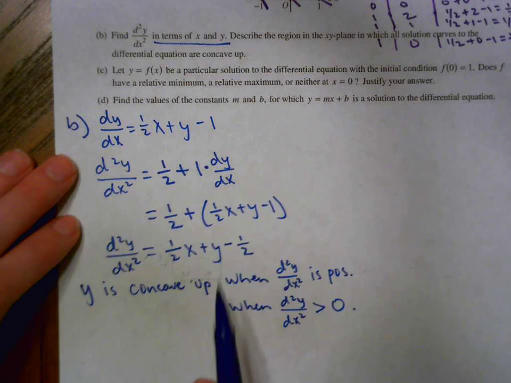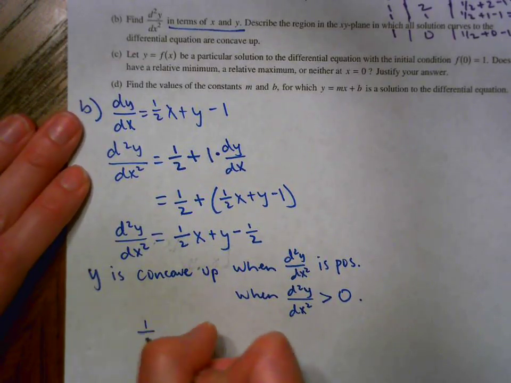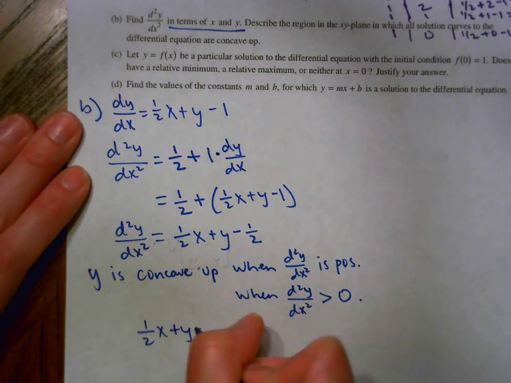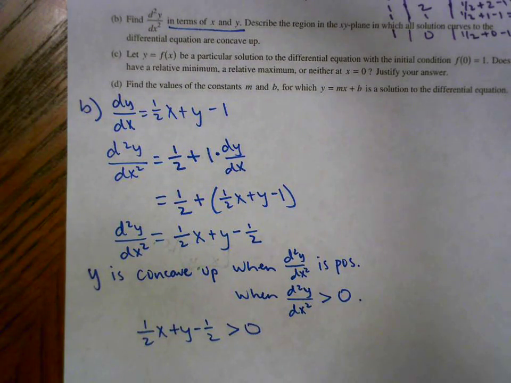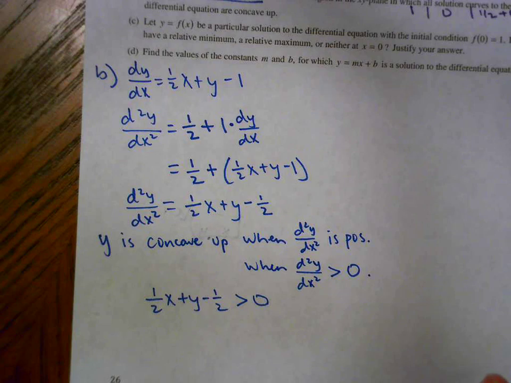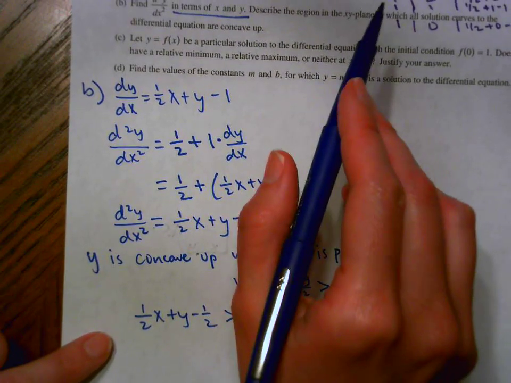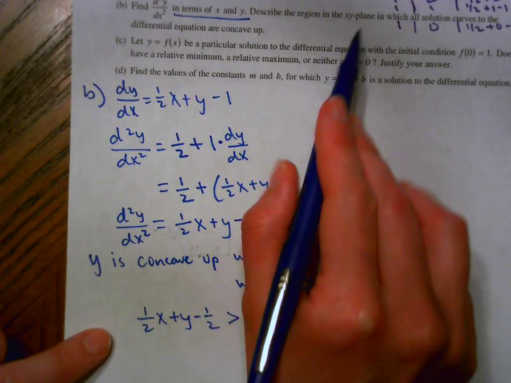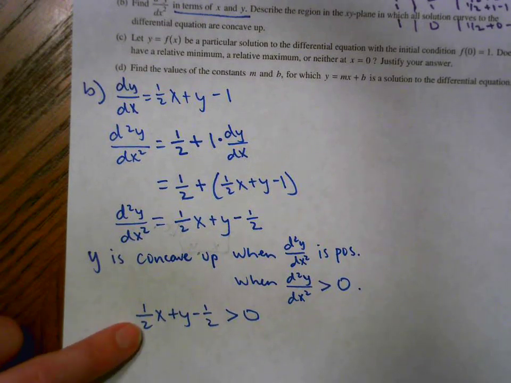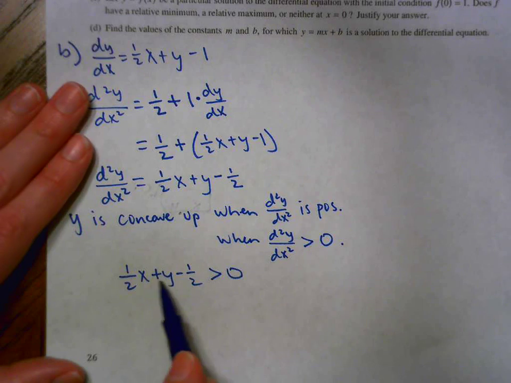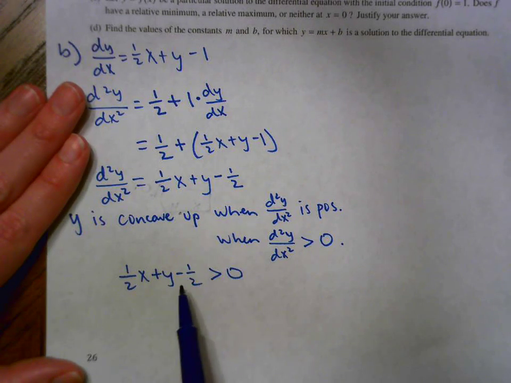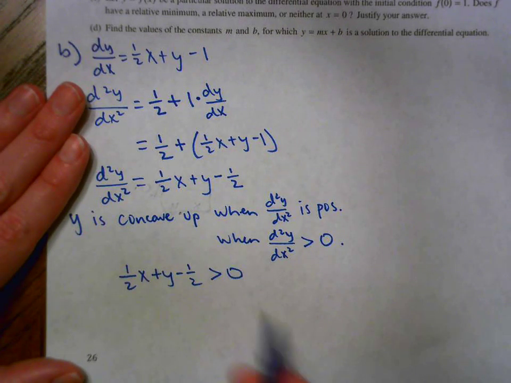So what we're going to do is take our second derivative equation and set it greater than 0. To get the region where it's concave up, I'm just going to solve this for y. So I'm going to keep my y positive, and move over my x and my constant to the other side.